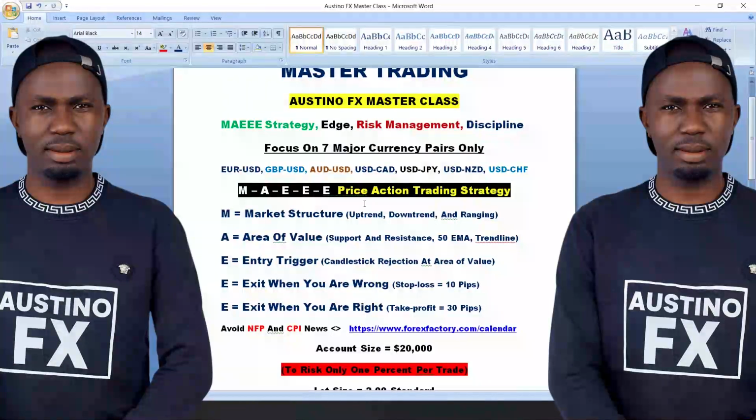If the market is in an uptrend, I'm only looking to buy. And where do I buy? I buy from the support level, which is the pullback. If the market is in a downtrend, I'm only looking to sell. And where do I sell? From the resistance level, which is also a pullback.